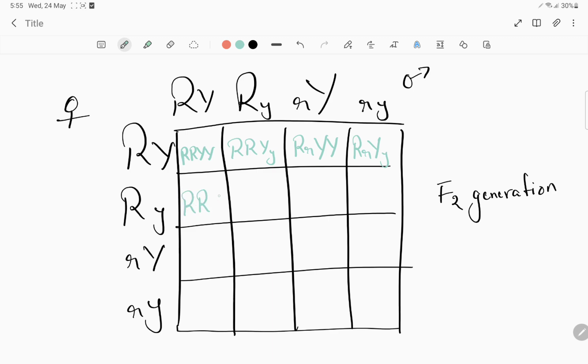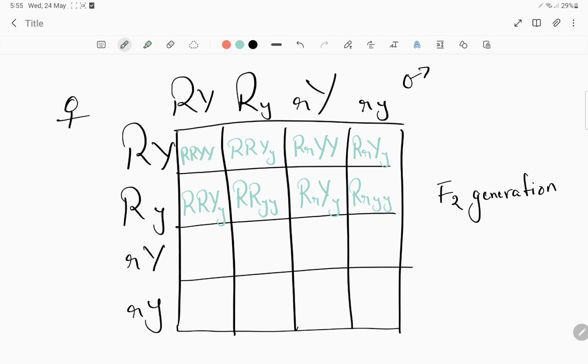Capital R, capital R, capital Y, small y. Capital R, capital R, small y, small y. Capital R, small r, capital Y, small y. Capital R, small r, small y, small y. Out of these four, all are phenotypically round seeds, but the upper row is phenotypically both round and yellow.